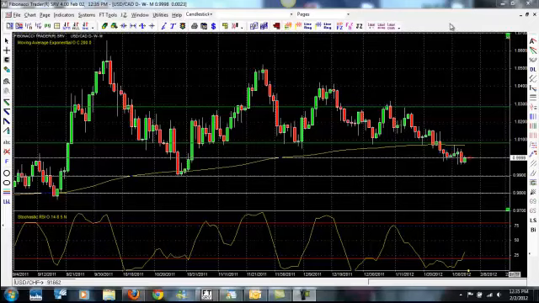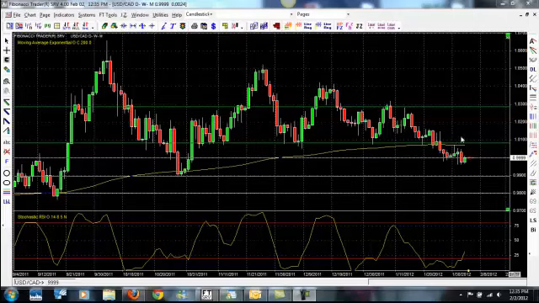I want to talk to you about a trade that we're currently in on the USD CAD pair. This is dollar Canadian, and about 2 weeks ago we got into a trade here. As you can see, starting pretty much at the very end of October, the USD CAD, other than a small breakout here, is trading in a channel.